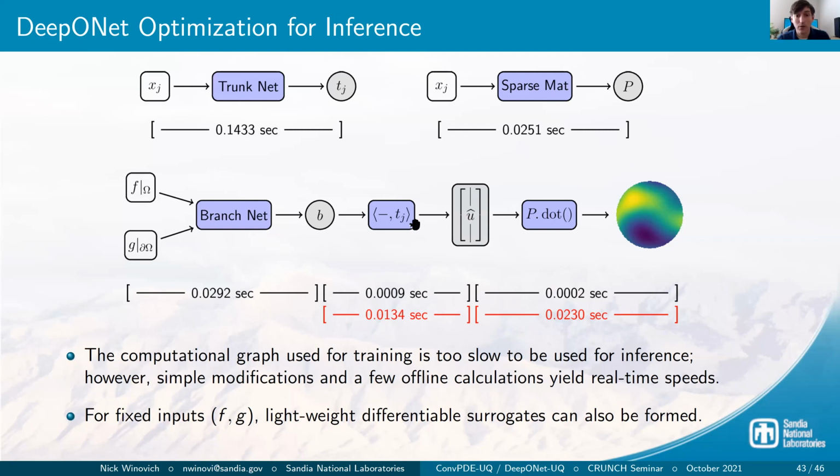Just to clarify, this is an einsum, a vectorized version. So they're pretty simple operations. And this, again, is just a sparse matvec. These are negligible in comparison to evaluating the branch, and I think evaluating the branch is just necessary, so I don't know if that can be sped up. I think this is quite nice.